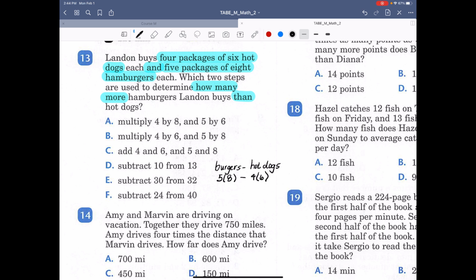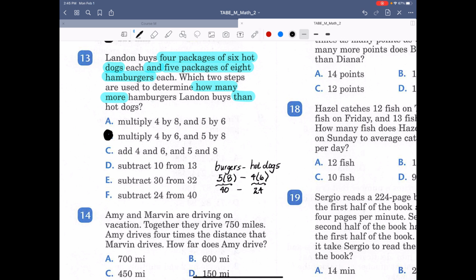Now, I spoke too soon, guys. I told you that we don't multiply or add in this one, and that's not true, because we have to multiply. We have to build those up before we can find the difference. So the first thing I have to do is B. I'm sorry about that. I need to keep my mouth shut until I know what I'm talking about.